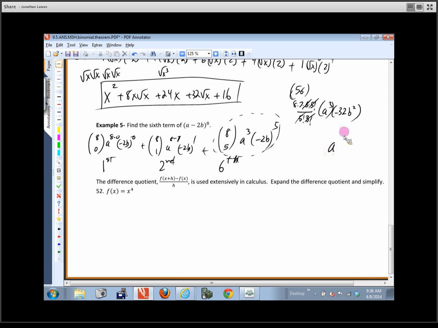So I have an a to the 3rd b squared. Oh, b to the 5th, sorry. I took that off there, didn't I? There we go. And if I multiply those numbers together, I get negative, what do I get here? Negative 1600 or something? 1792? Negative 1792.